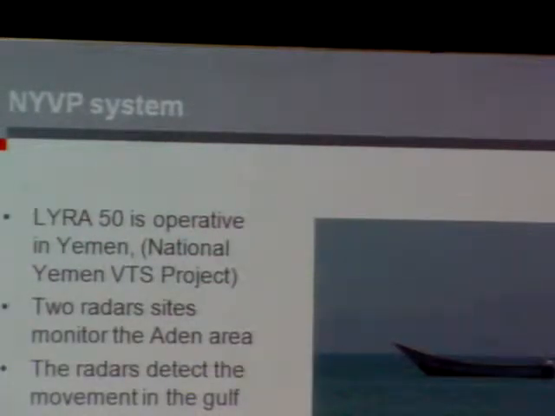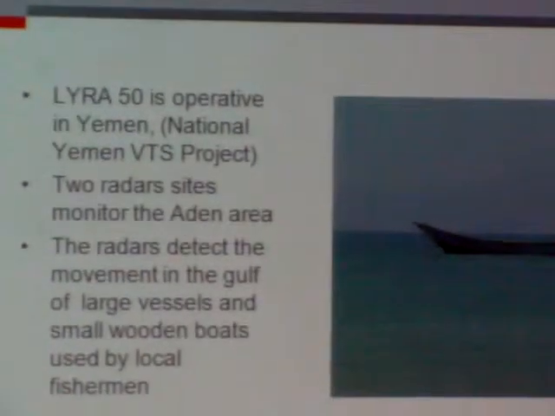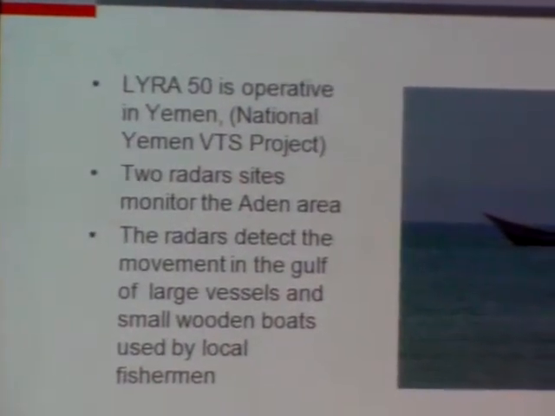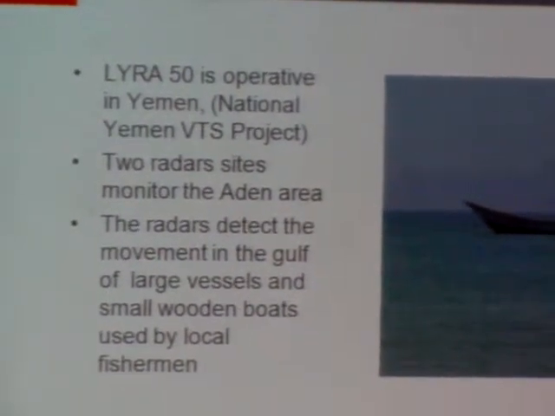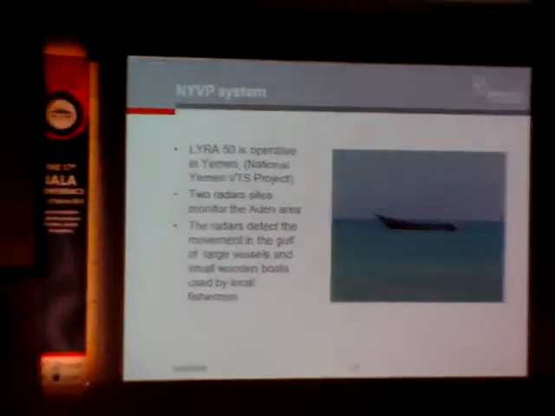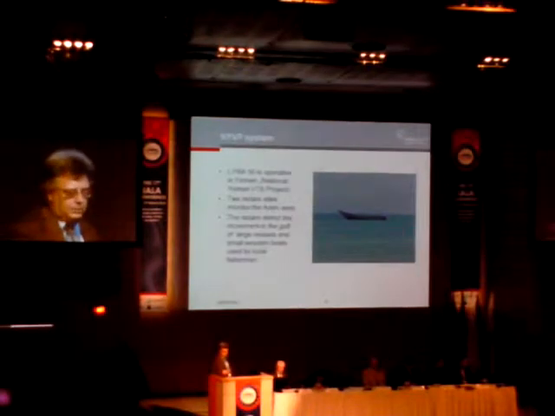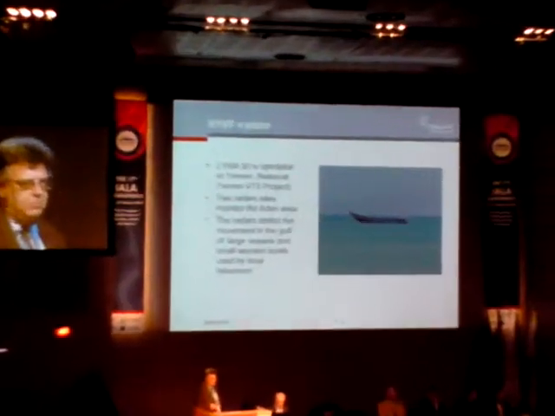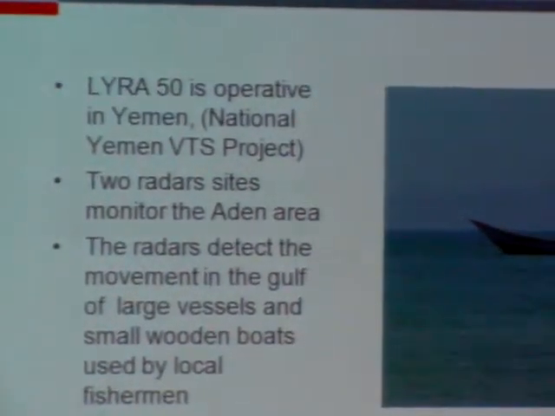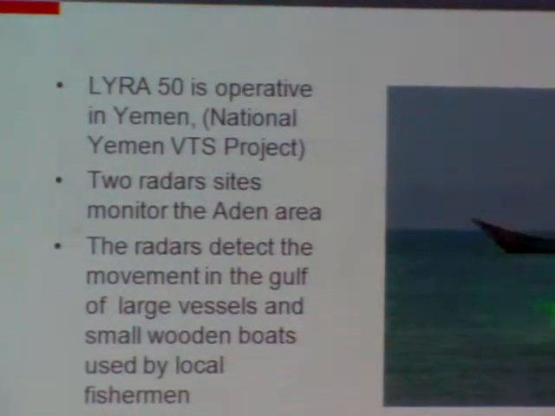Okay, now let's talk about the application. The Lira 50 is now operative in Yemen, and one thing that can be surprising is that the Lira 50 should monitor not only the big carriers, the big tanks, 200 meters of ship, but also these small ships.